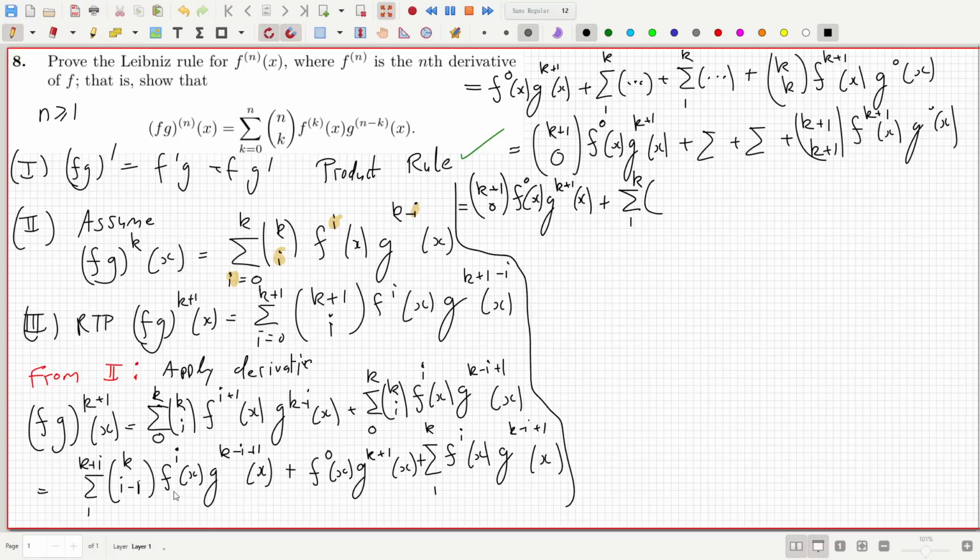So that would be this piece, and this piece here. Oh, I've lost my little k choose I binomial there. Okay. So that's k choose I minus 1. Oh, and these are actually the same, so I can take that out.